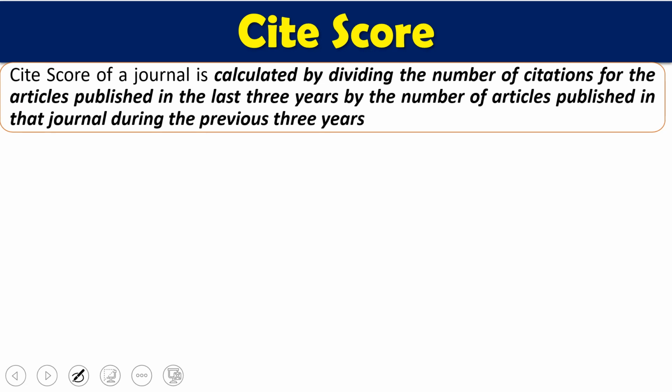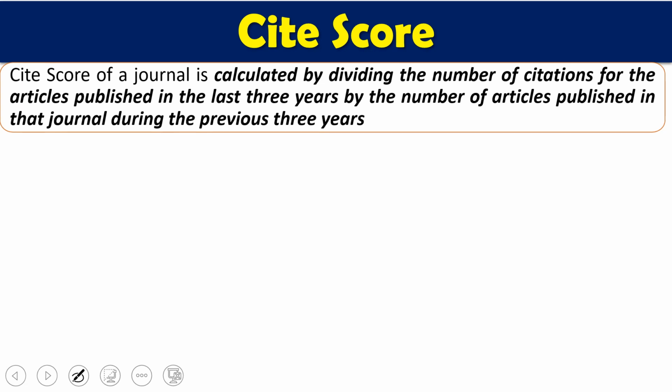It can be a research article, review article, letter, note, editorial, or conference paper. So cite score includes everything, whereas impact factor includes only the research article and the review article.